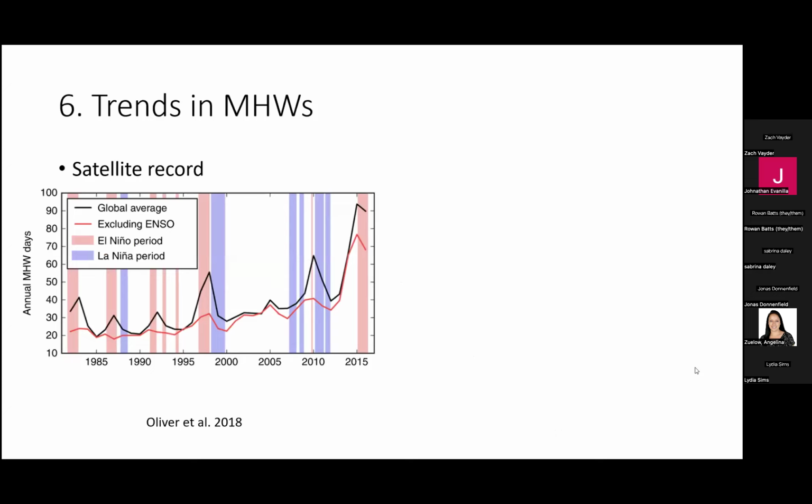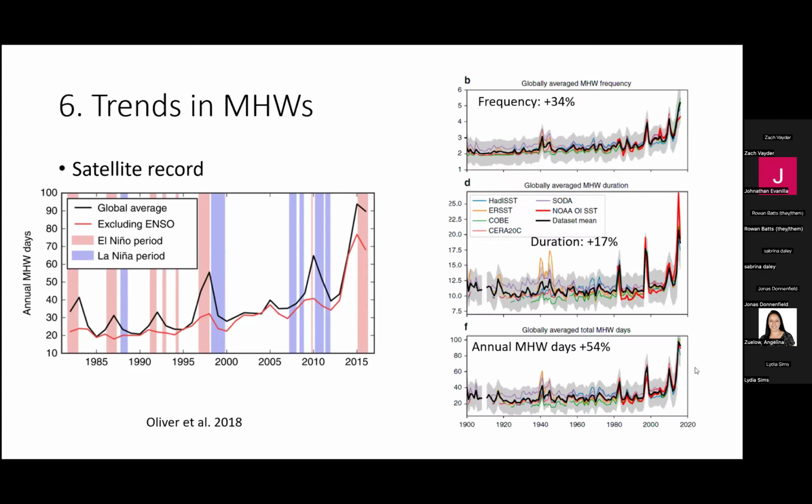Okay, the sixth advantage is that you've been able to look at trends in marine heat waves. And so, for example, this plot here in a paper led by Eric Oliver shows the annual number of marine heat wave days globally over the past 30 years of the record, with the El Nino and La Nina years mapped onto it. And so you've been able to see an increase in marine heat wave days over time.